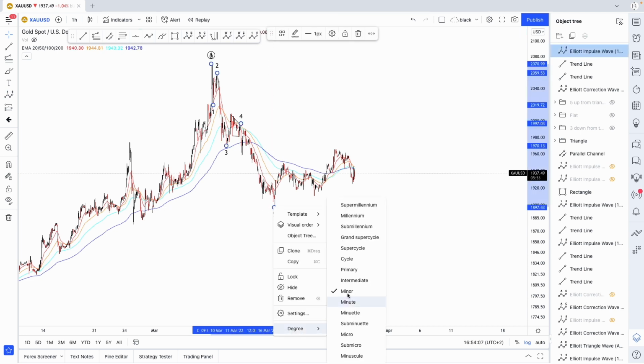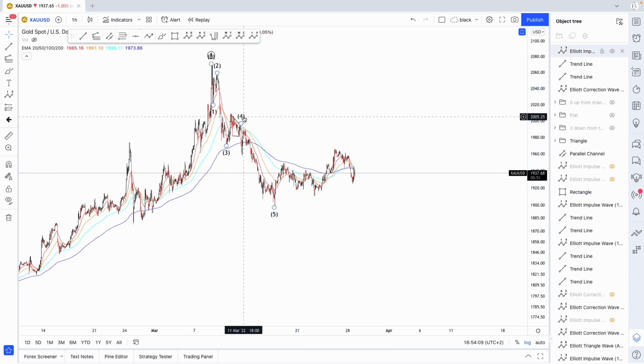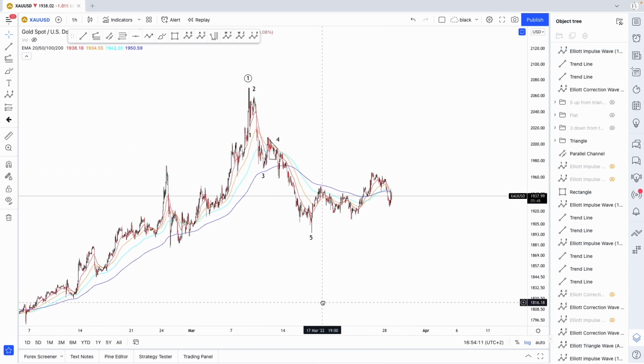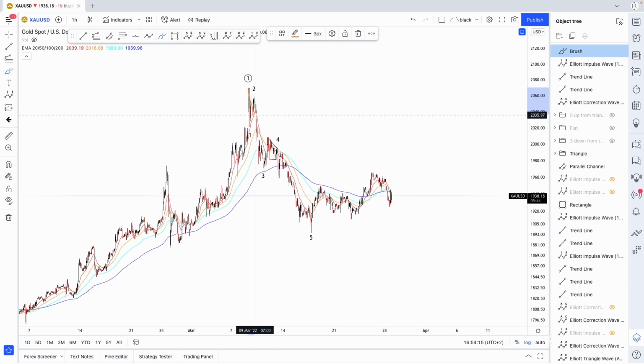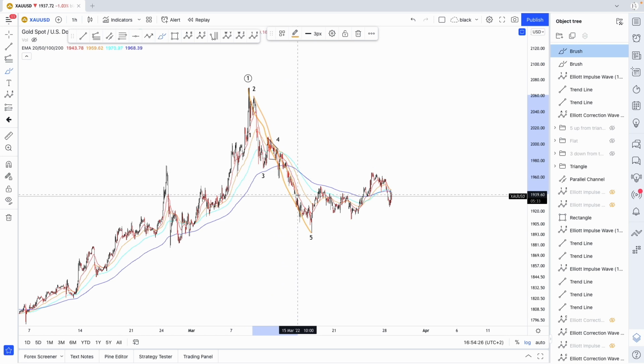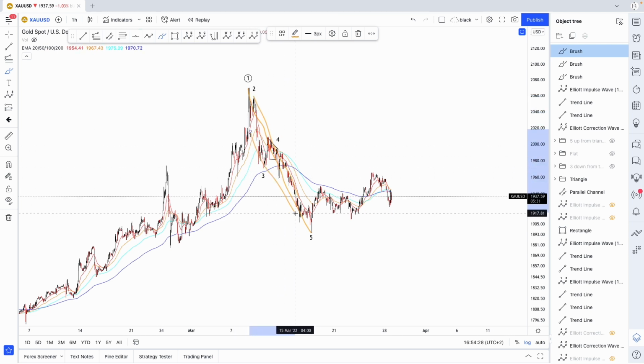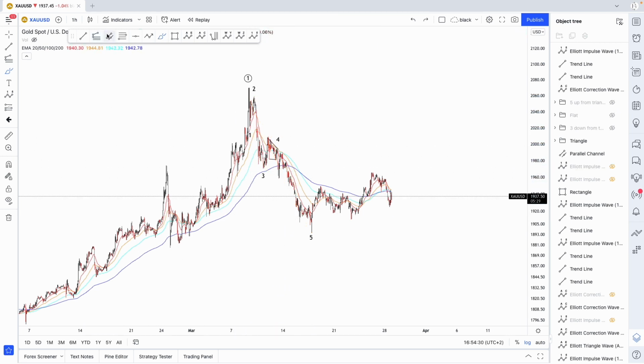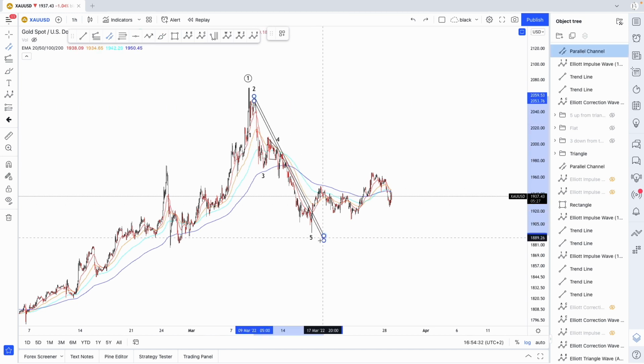So if I was down from the top, sorry, that would still be minor, because the thing is, let's just appreciate how this move looks like just a single move of a certain degree. What I mean by that is, you see how this fits in a channel. If I take a parallel channel, it just fits. Look at it.